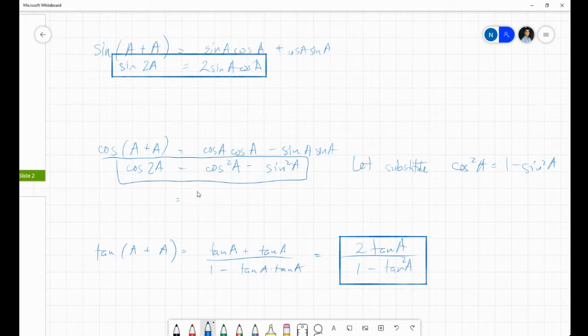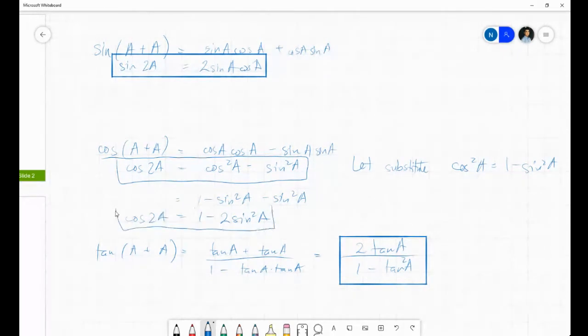Double angle identities. Identities means that they are always true. Thank you, sir. All right, so now we have 1 minus sine squared A minus sine squared A, which means we'll get 1 minus 2 sine squared A. So that's another form of the double angle identity for cosine.